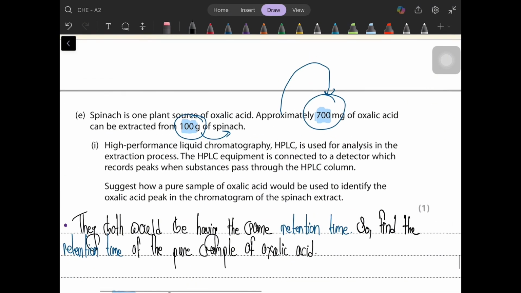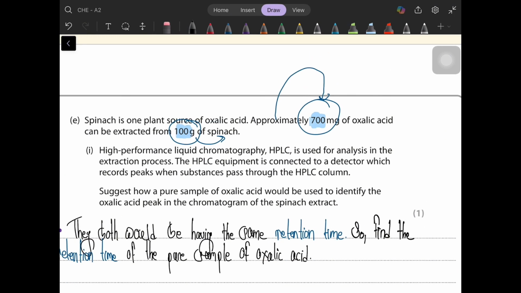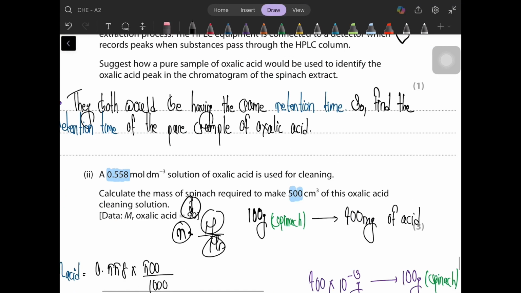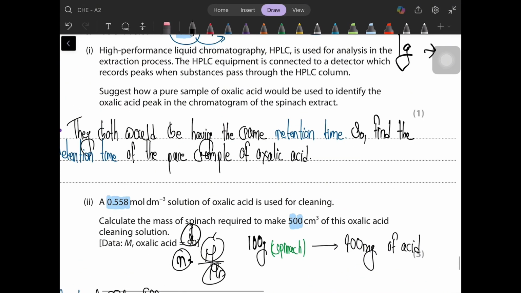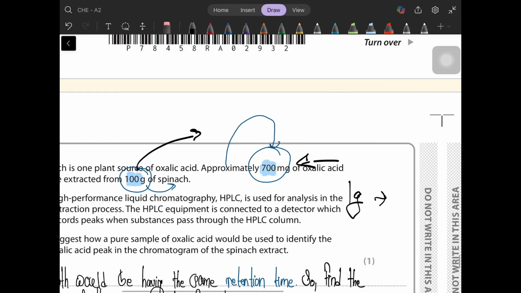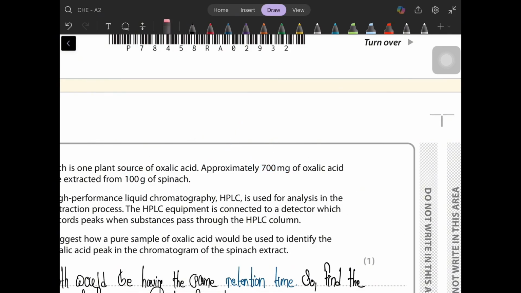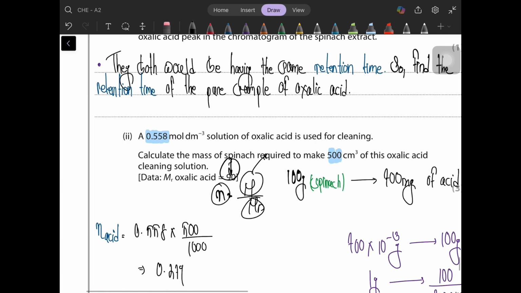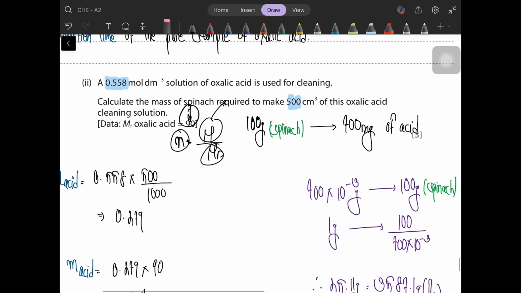Then you just use a unitary method, because from 100 gram of spinach you'd get 700 milligram, and from 1 gram of spinach you'll get how many milligram of acid, and then from the answer and from the mass that you calculated, how much mass of spinach you're going to need. So basic maths, basic unitary method maths.